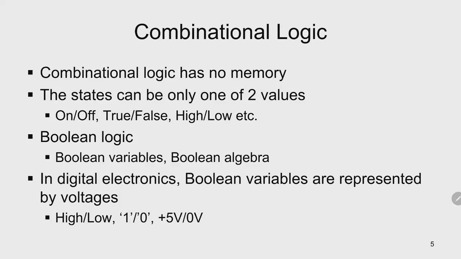Here we're going to learn a set of laws related to Boolean algebra. In digital electronics, the Boolean variables are represented by voltage, a high or a low, or 1 or 0. In terms of voltage, it will be 5 volts or 0 volts.